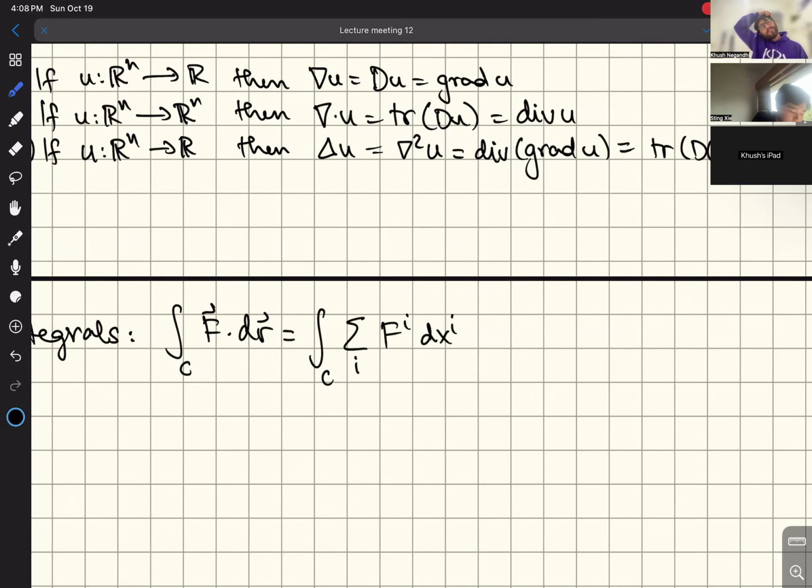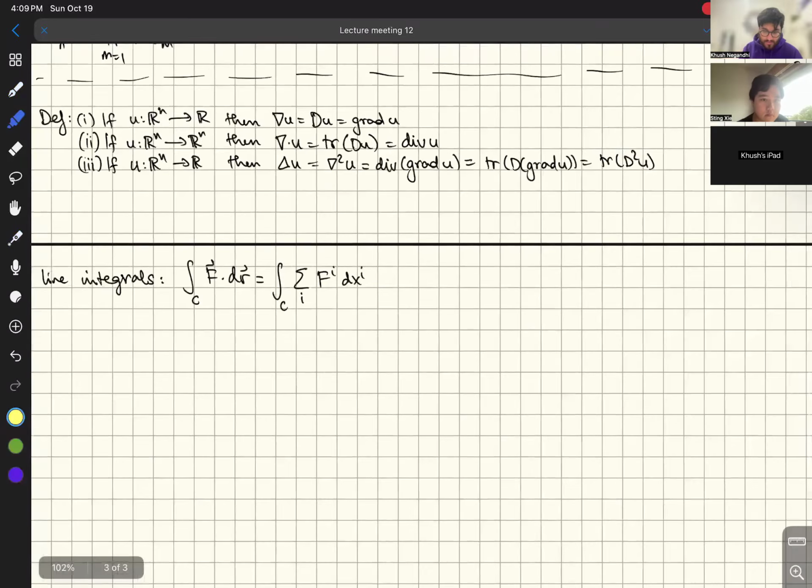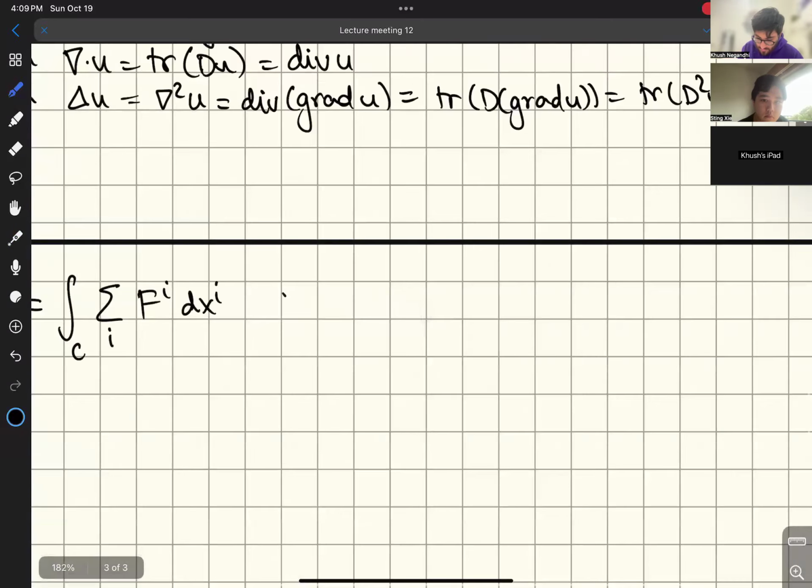Now in some sense, these integrals over here are one dimensional, right? So we can ask ourselves, is there a fundamental theorem of calculus type theorem that holds for this case? These look one dimensional.